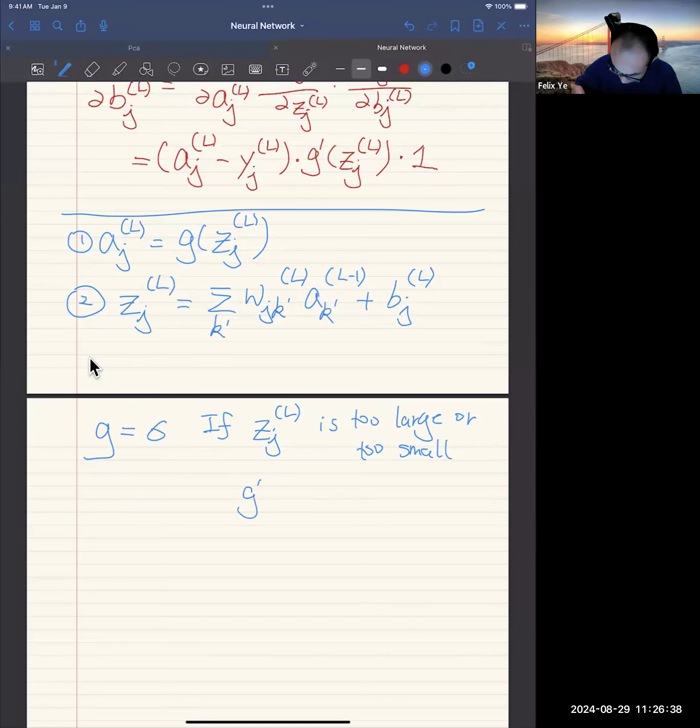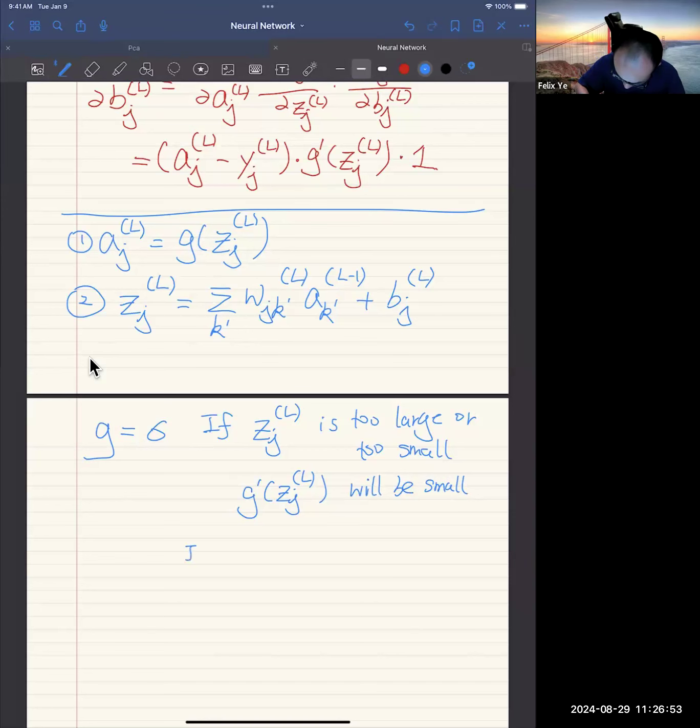Then g prime of z^(L) will be very small, and as a result this gradient will be very small.